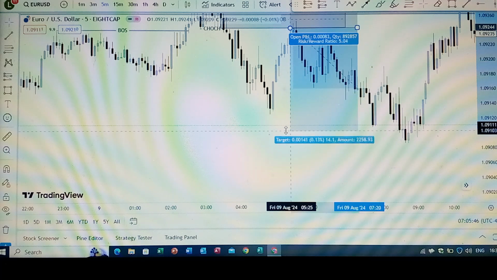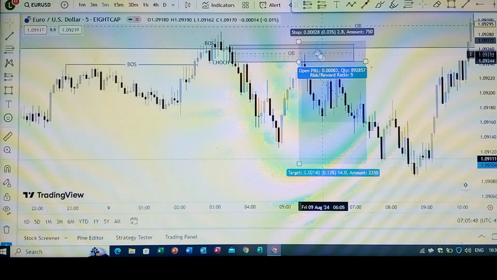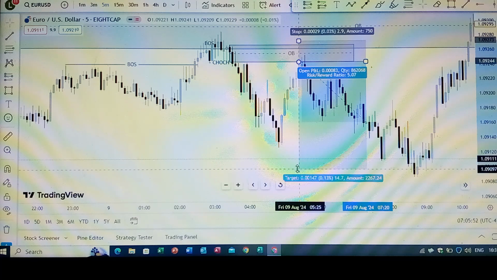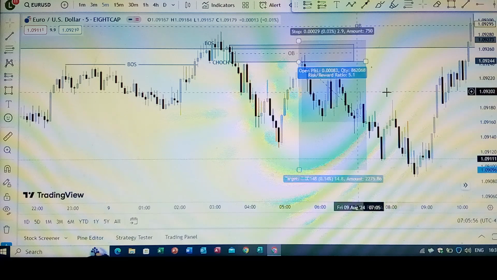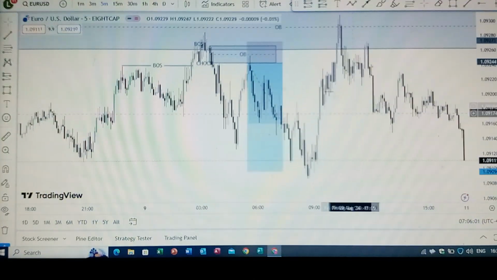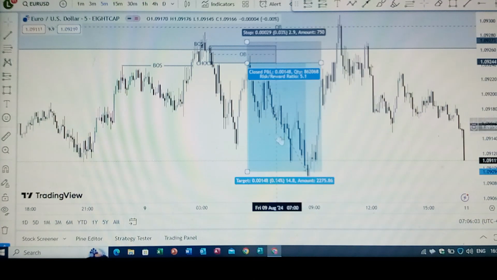Price usually goes for 1 to 5 and then we break structure, so you would have paid yourself for your 1 to 5 trade.